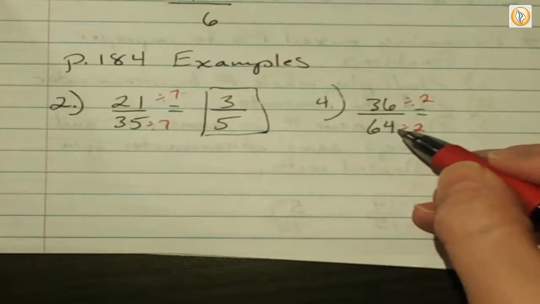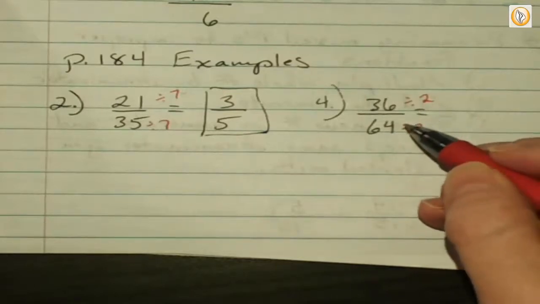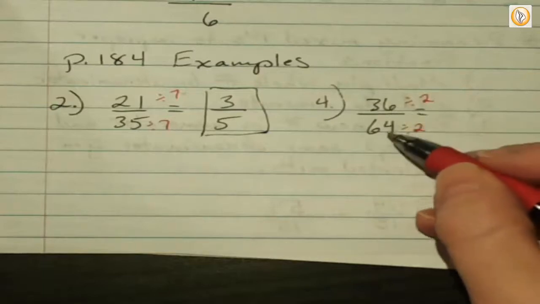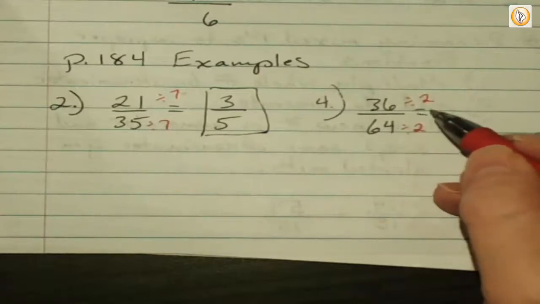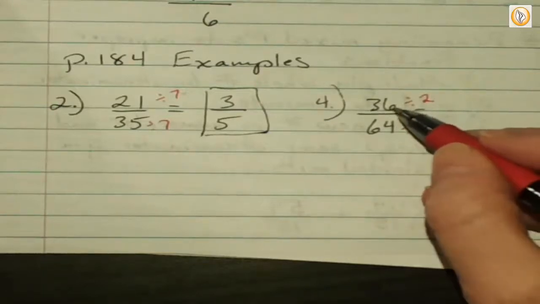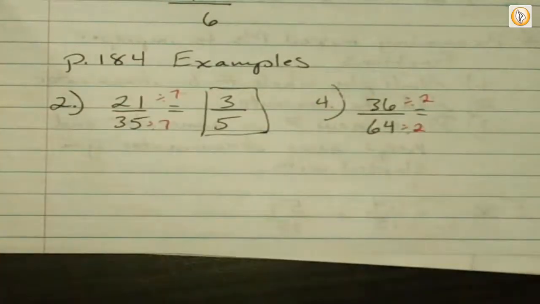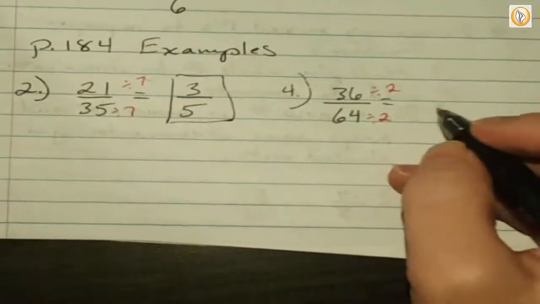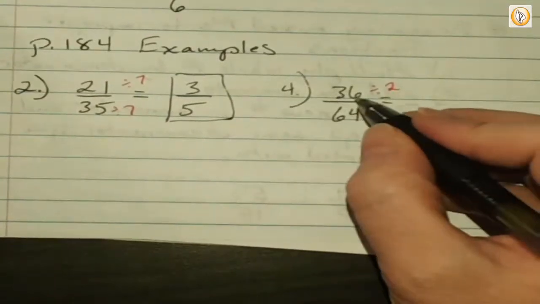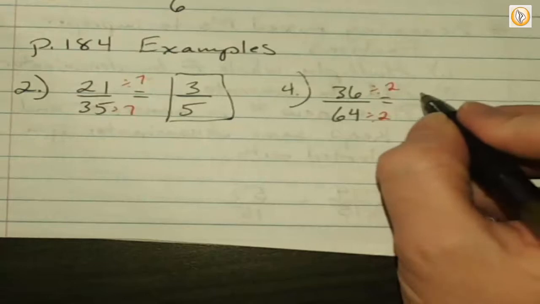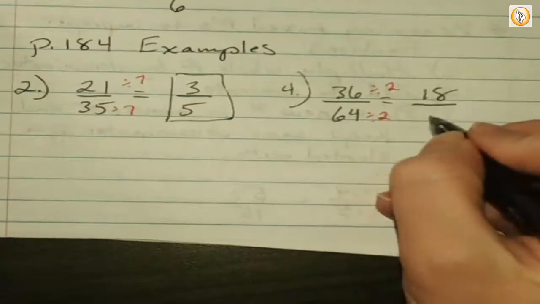There could be, and there actually is, but if I'm sitting here and I can't think of it, my go-to is 2. If it's even, my go-to is 2. Because then it makes it into a fraction that I can deal with better. So, 36 divided by 2 is? And 64 divided by 2.